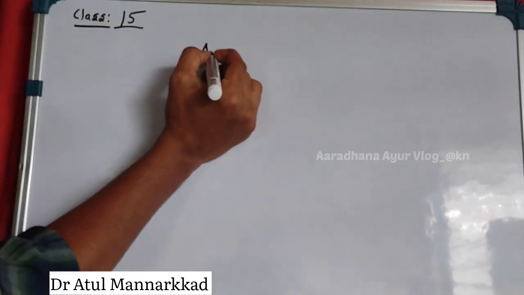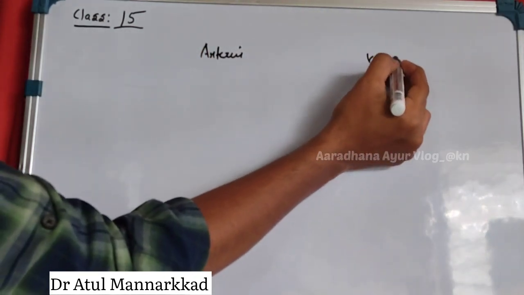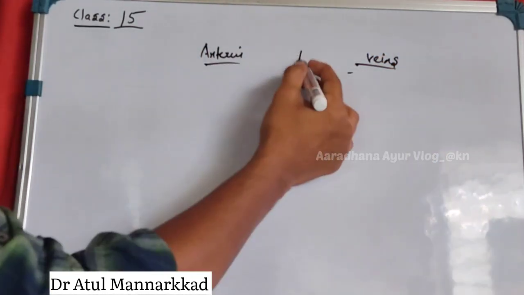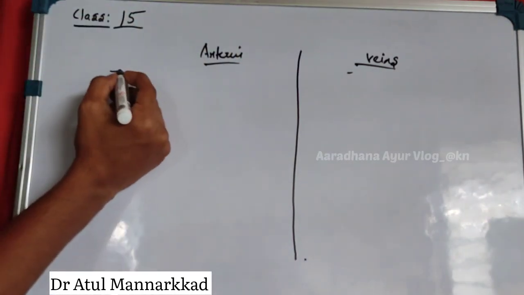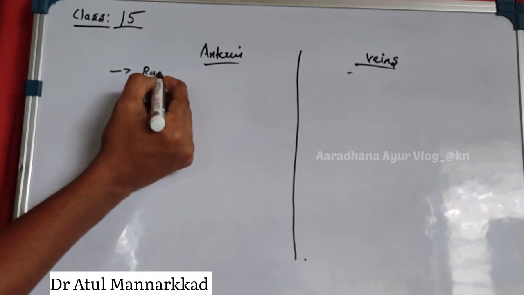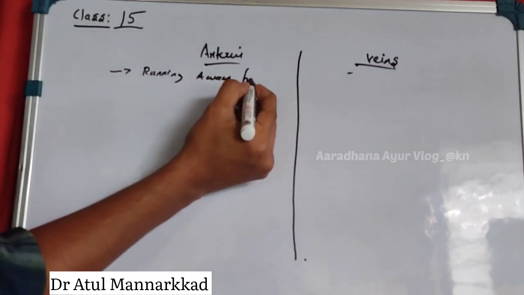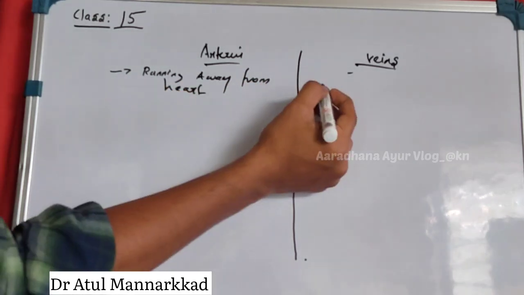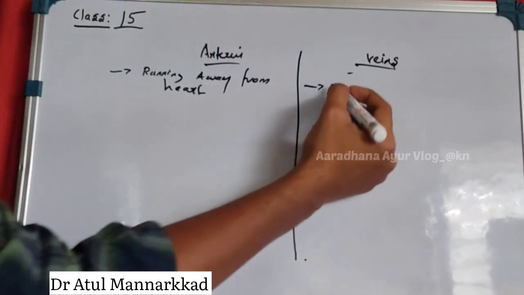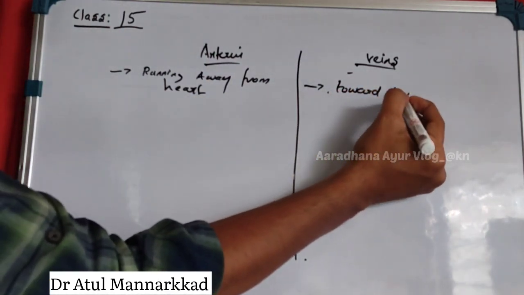Arteries versus veins. The first point I have already told: arteries are the blood vessels running away from the heart, and just opposite to that, veins are the blood vessels running towards the heart.